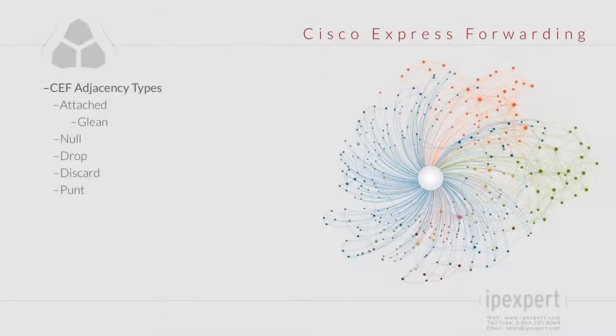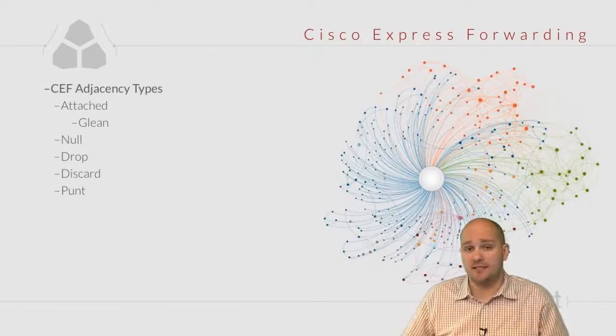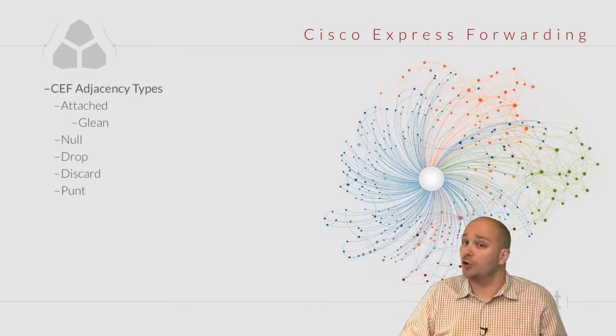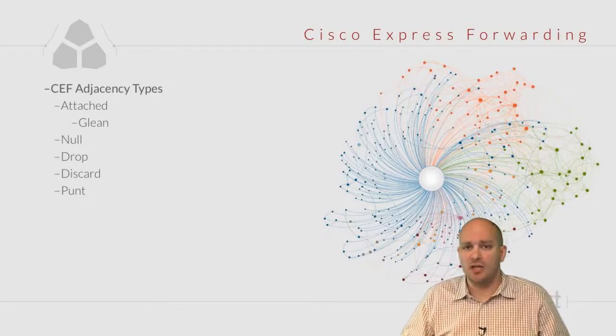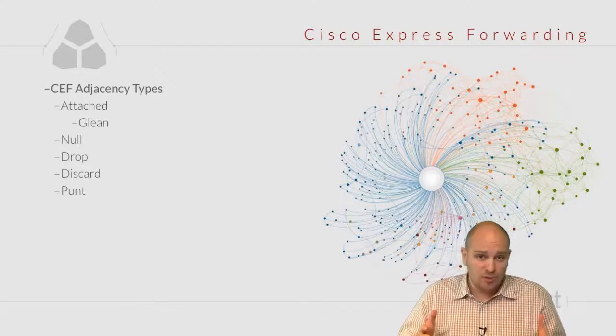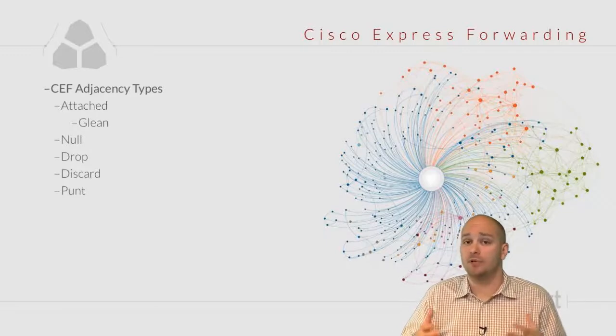The attached adjacency is by far not the only adjacency type that CEF recognizes. Another important type of adjacency that we can observe in CEF is called the glean adjacency. Glean adjacency is, in most cases, an attached adjacency for which we are missing some piece of information.